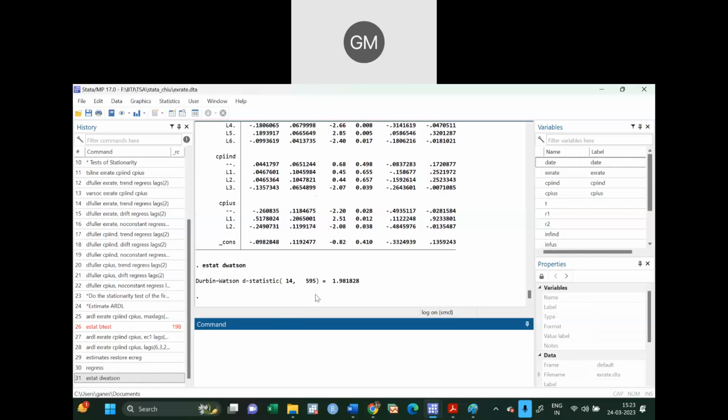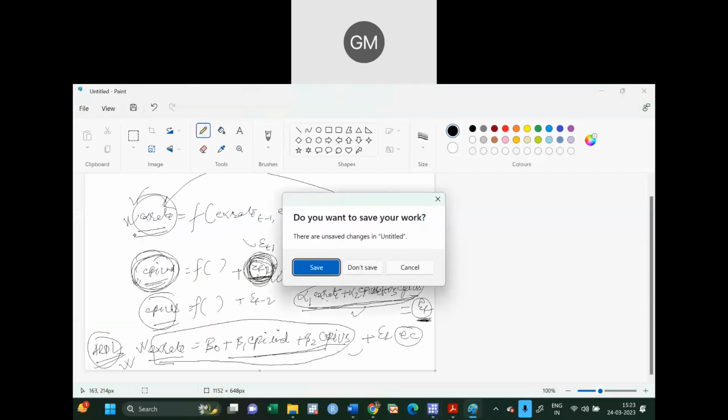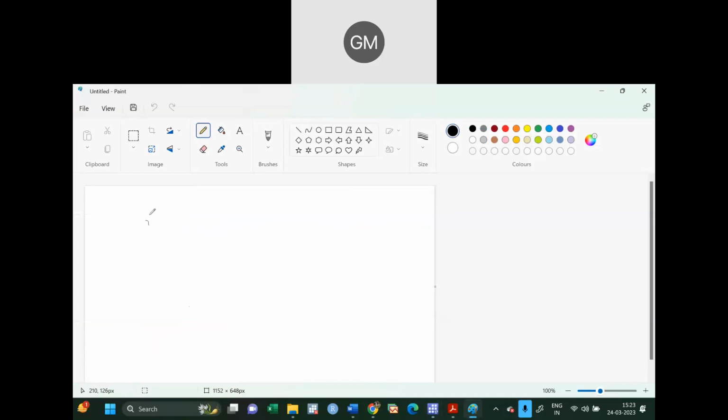Durbin Watson basically tells you about the serial correlation of the first order, and you can find that the Durbin Watson value is close to 2, right? So there is no serial correlation, and when the Durbin Watson value is at 2, it means D is approximately 2 times 1 minus rho that we say.